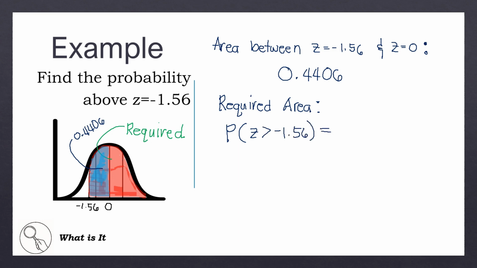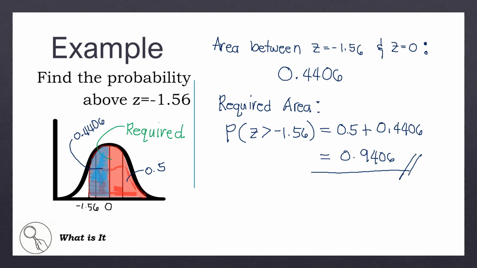We will just add 0.4406 and 0.5. It will give us 0.9406. So the probability above z equals -1.56 is 0.9406.